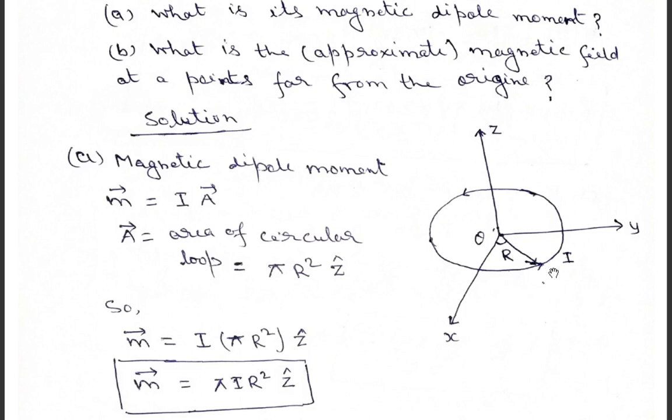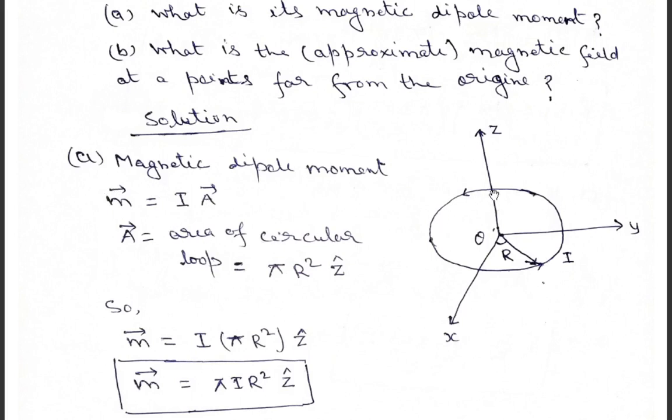Okay, so in order to find the magnetic dipole moment due to this circular loop, what do we require? We know that the magnetic dipole moment m vector is equal to I into A, where A is the area vector and I is the current.